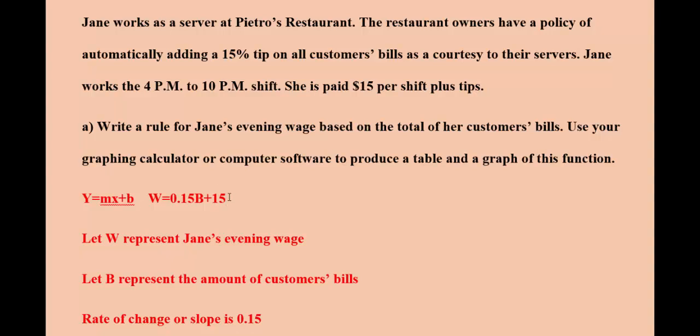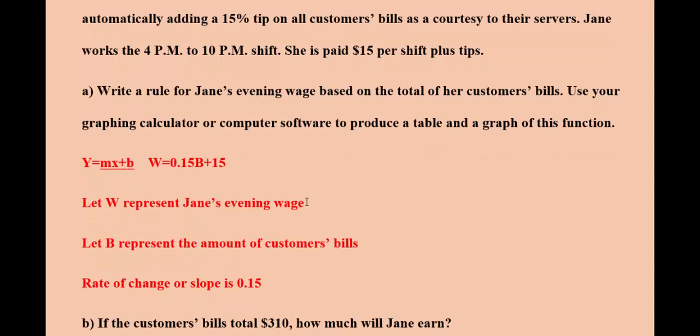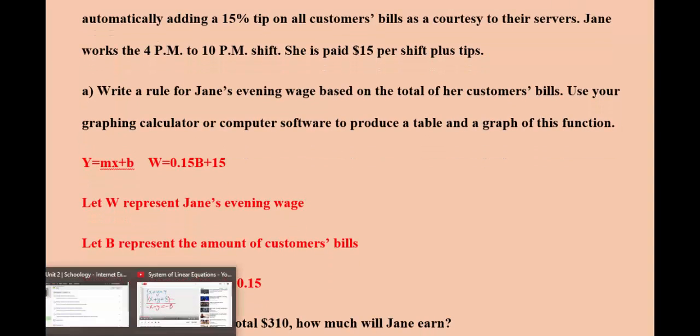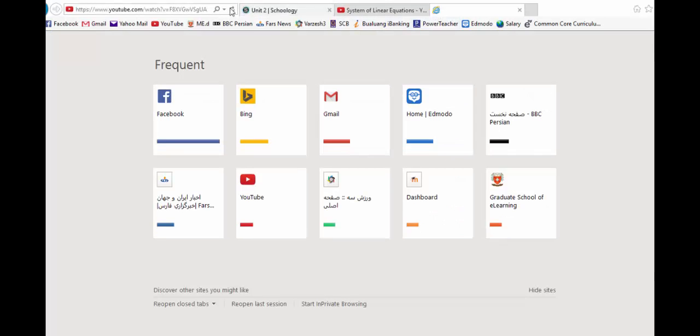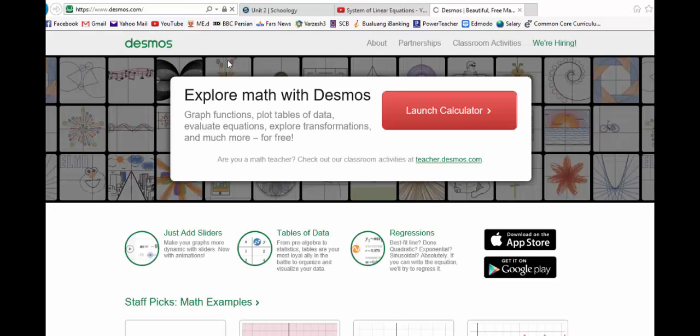So that is our equation. So we wrote a rule to find Jane's evening wage based on the total of her customers' bills. Now let's graph this one. In order to graph, we need a graphing calculator. Let's use Desmos, for example, or you can use GeoGebra or any other graphing calculator that you have.